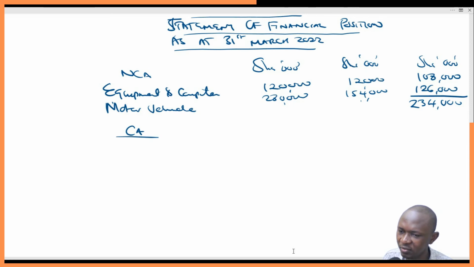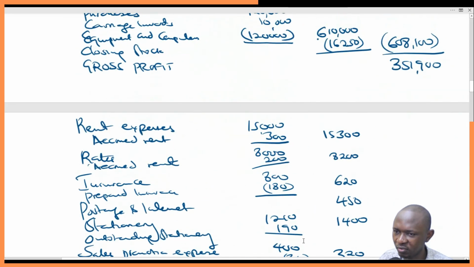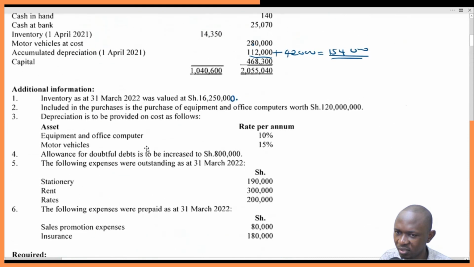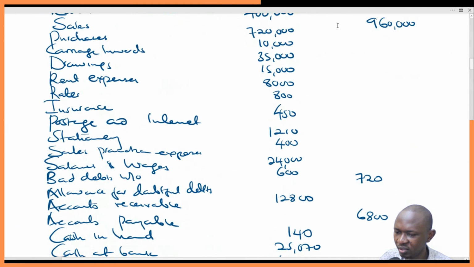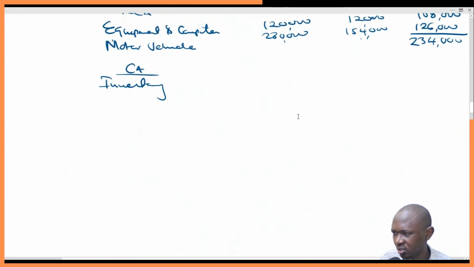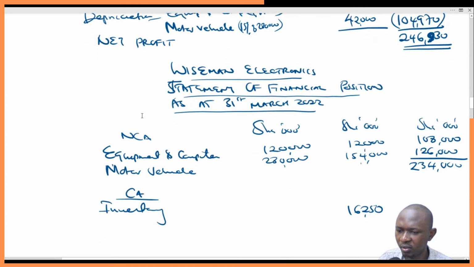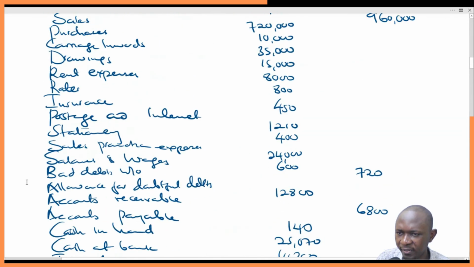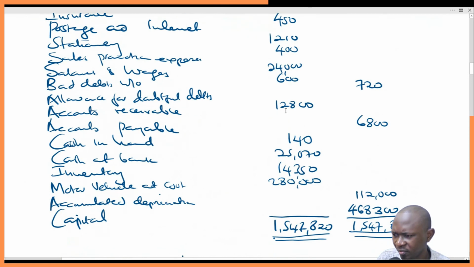And under current assets, we have inventory. We are now just doing this to confirm our figures. Go straight to closing inventory. The closing inventory was 16,250, so pick it as it is. Then we had accounts receivable, which was 12,800.